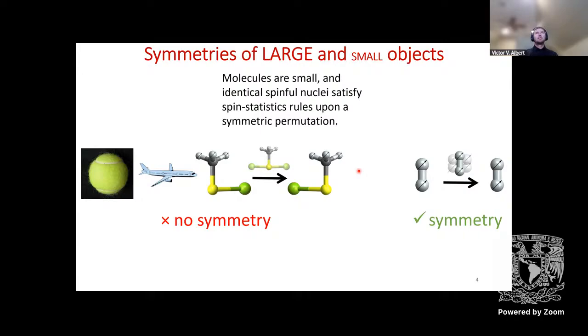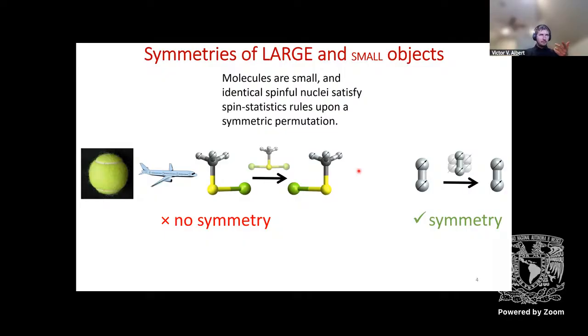The issue here is, while these types of objects look quite symmetric to us, their configurations, their possible states, are not restricted due to this symmetry. So we don't need to take into account their symmetry in defining all of their allowed configurations. Why not?